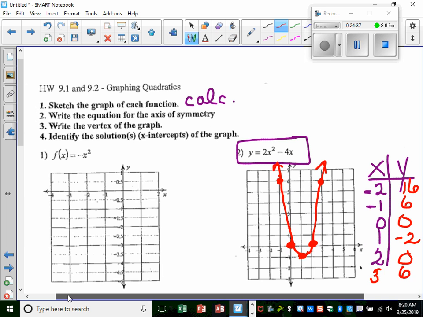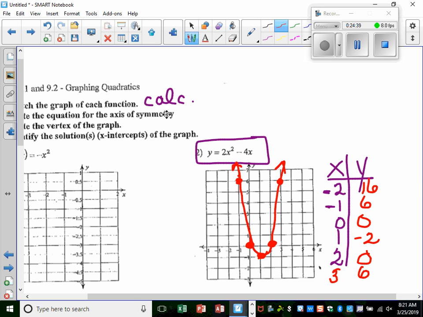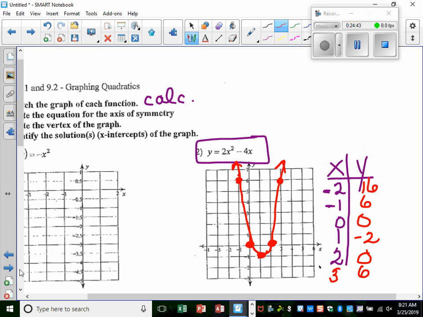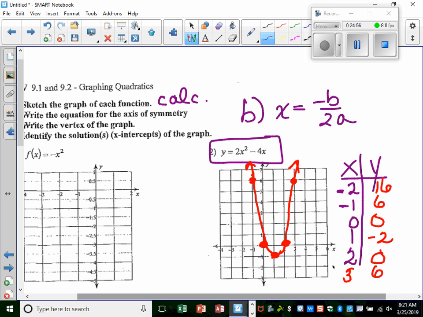Now it says write the equation for the axis of symmetry. So that's going to be part B. All right, so for B, I'm going to be using x equals the opposite of b divided by 2a. Okay, that's how we find the axis of symmetry. So what is the opposite sign of the b term? Positive 4.